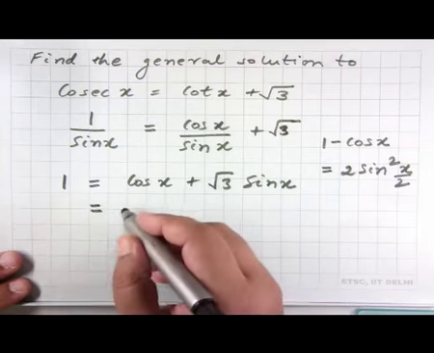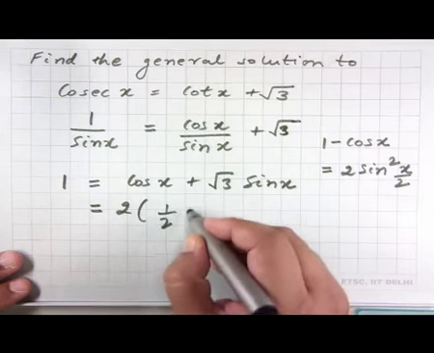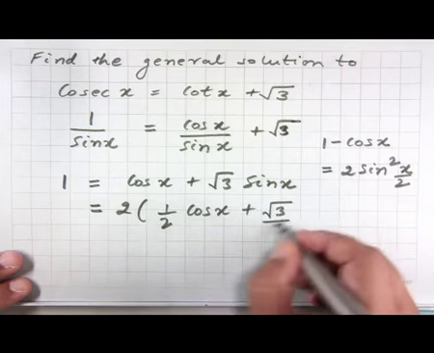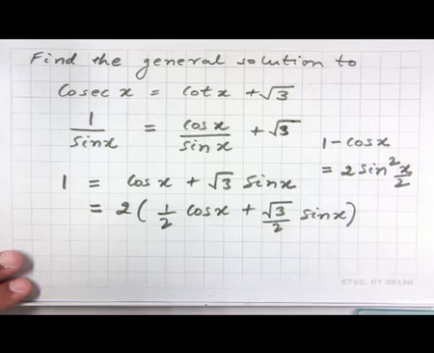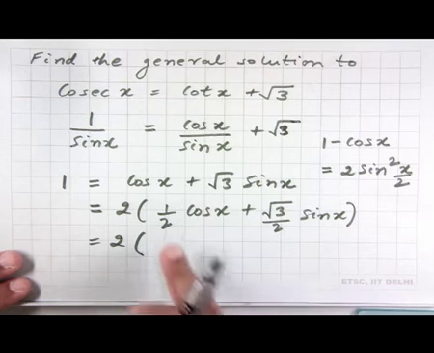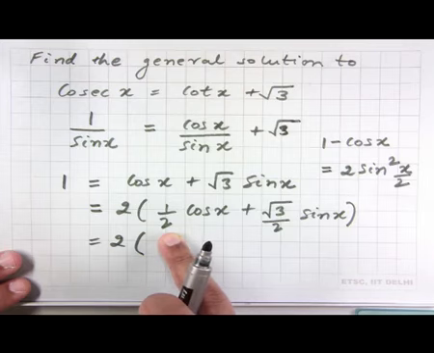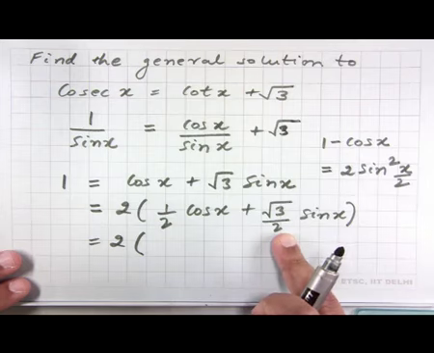So, this can be written as 2 times half into cos x plus root 3 over 2 into sin x, which can be further written as, now here we know that we can replace half with cos of 60 degrees and root 3 by 2 with sine of 60 degrees, or we can even do it otherwise.